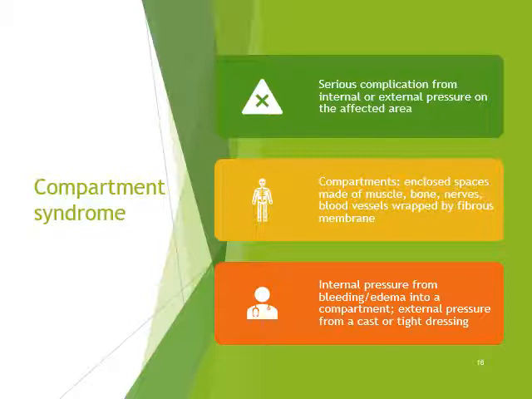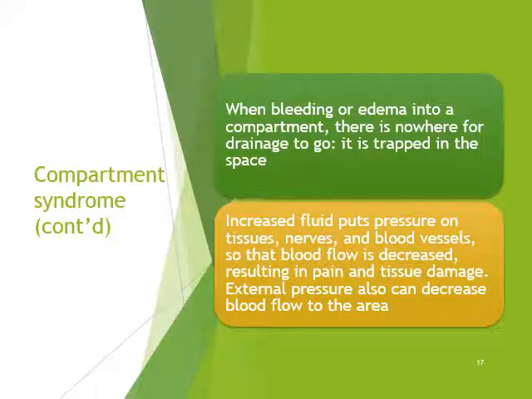When it talks about being caused from a cast, that can be because the bleeding or edema has made such a tight area under the cast that they can get a compartment syndrome from that. So when there is bleeding or edema into a compartment, there's nowhere for the drainage to go. It's trapped in a space.